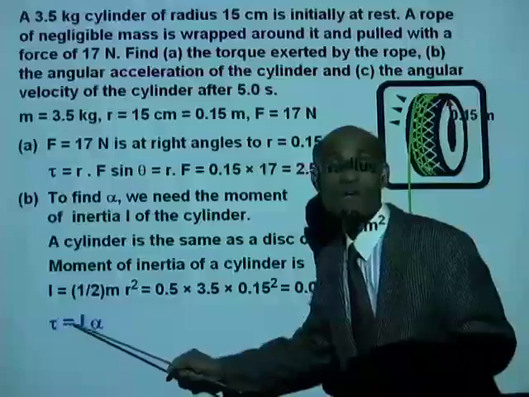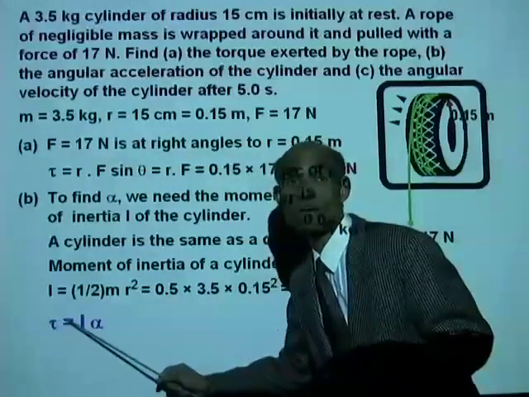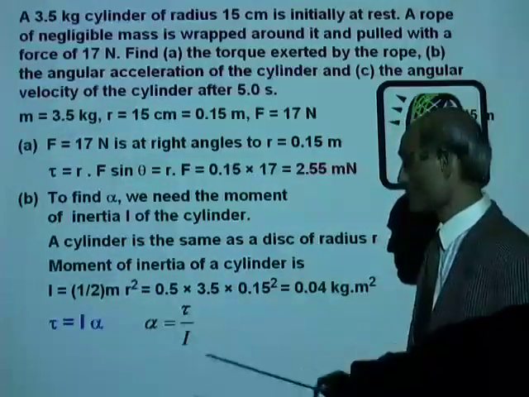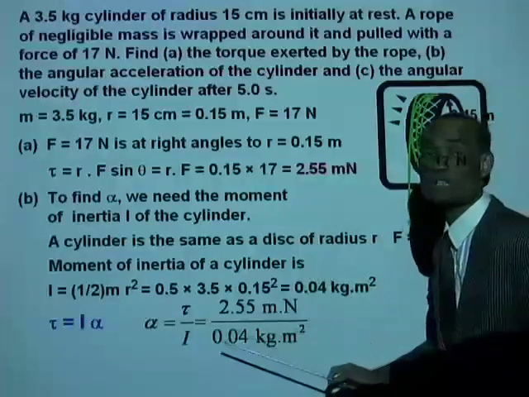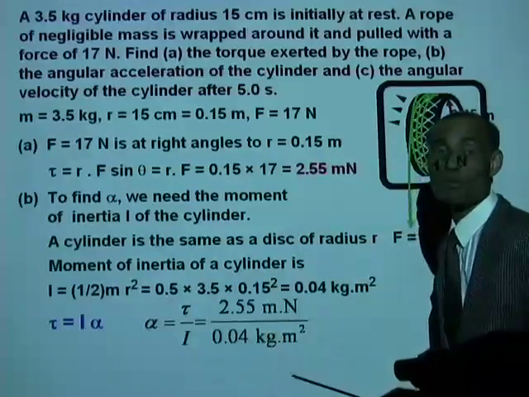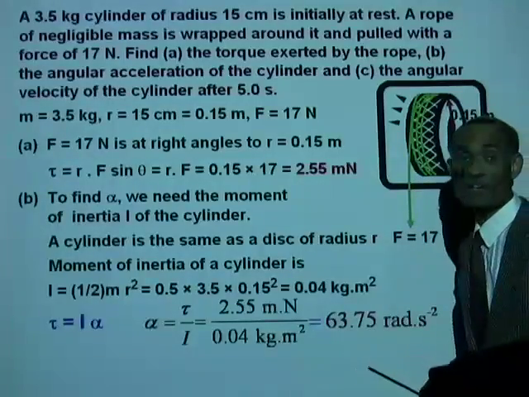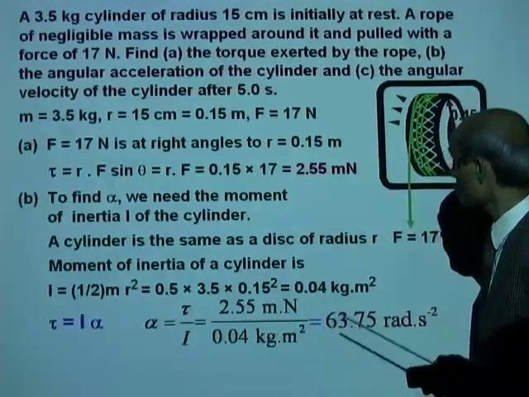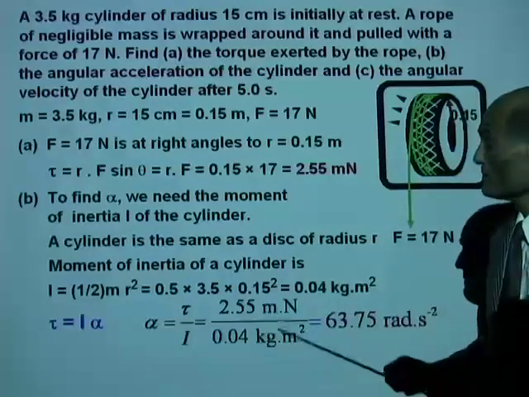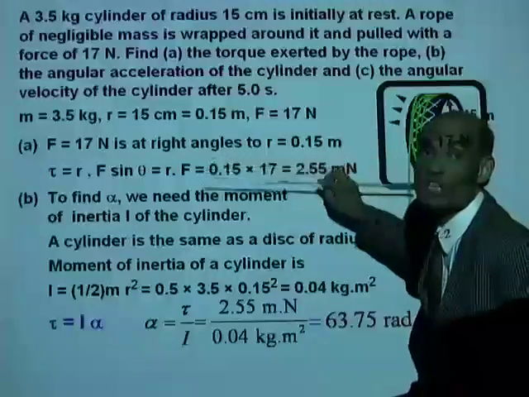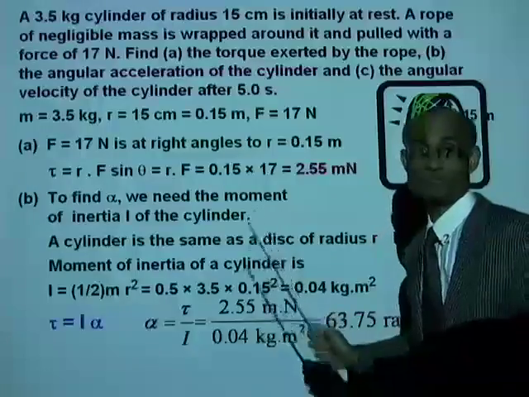Now tau equal to I alpha, therefore alpha equal to tau divided by I. Tau is 2.55 meter Newton and I is 0.04 kilogram meter squared. Therefore, the angular acceleration is 63.75 radian per second squared. You can see how simple these become once you approach them systematically like this.